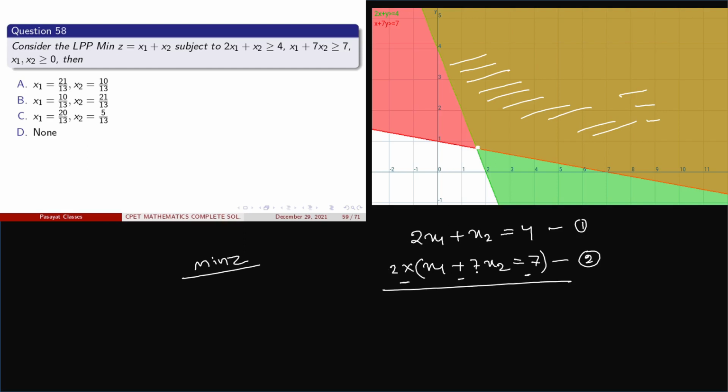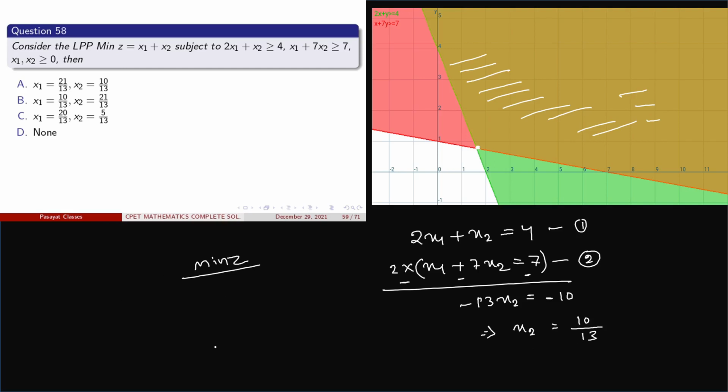So minus 7x2 and plus x2 gives minus 7 into 2, that means minus 14, so minus 13x2 is equal to minus 10. So this gives x2 is equal to 10 divided by 13. So x2 is 10 by 13.